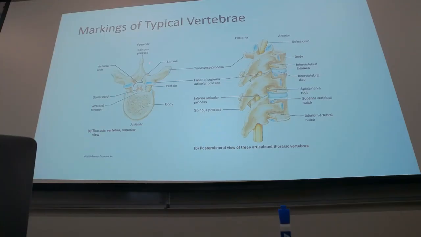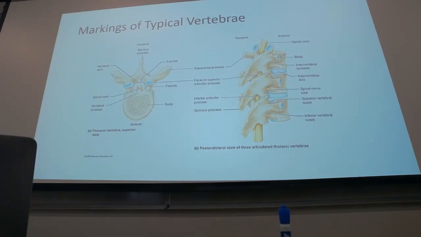In between the spinous and the transverse process, we have this little gap where the muscles that help us maintain posture connect. And then in between these processes and the body, we have this space that is called the vertebral foramen. This is where we have the spinal cord.